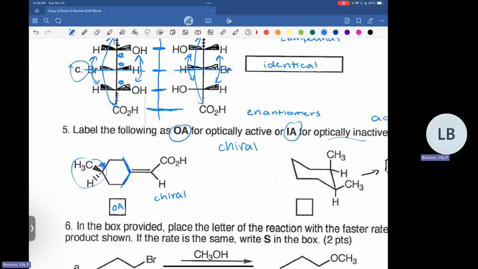Not technically, because the bottom group here is going to be adjacent to the hydrogen, and then the top group is going to be adjacent to the CO2H. Yeah, that's what she just asked.